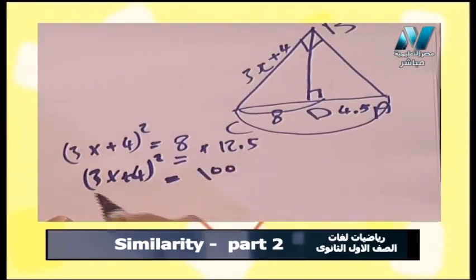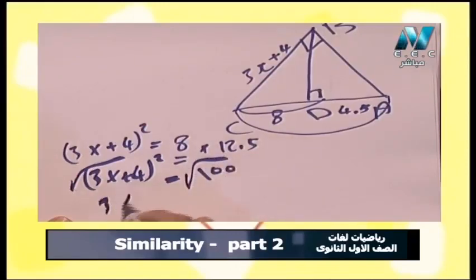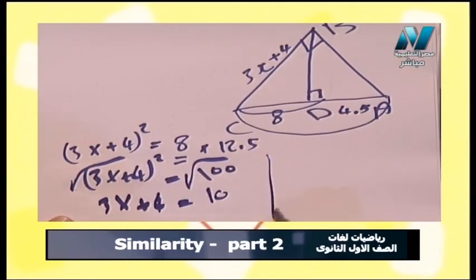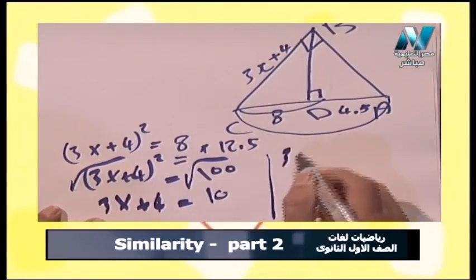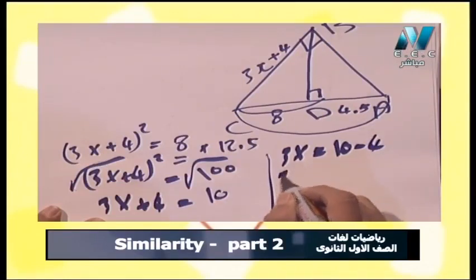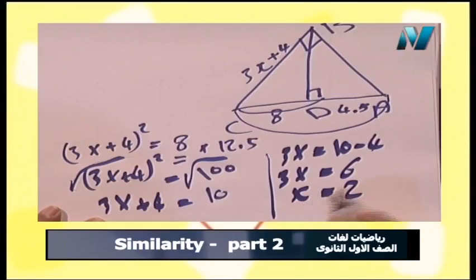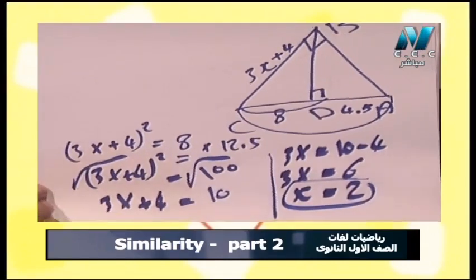So take the roots of the two sides. 3x plus 4 equals 10, and solve the equation. 3x equals 10 minus 4, so 3x equals 6, and x equals 2. So we have x equals 2 and y equals 9. Let's move to another question.